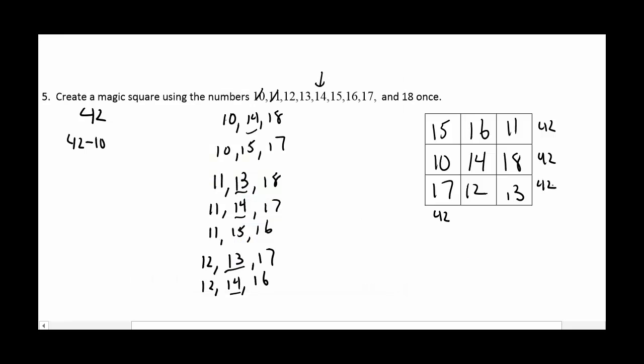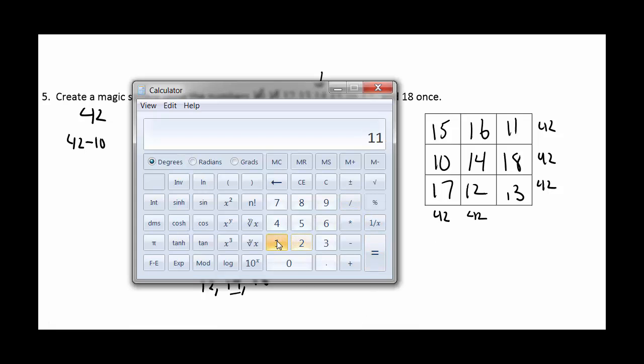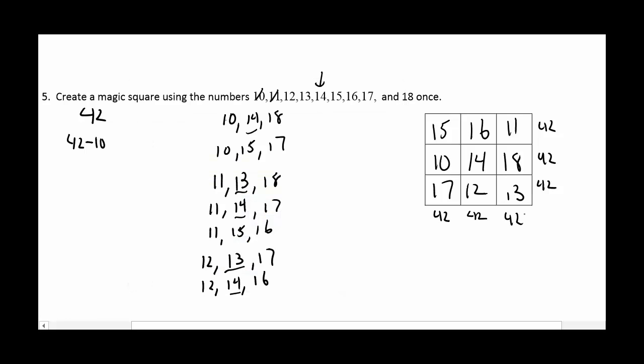Okay, so I know going 42 that way. 16, 14, and 12, that's 42. And let's see, 11 plus 18 plus 13. 42, yay, okay.